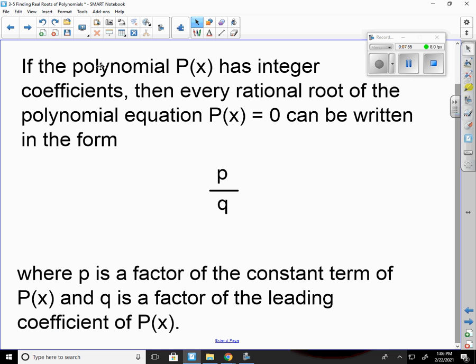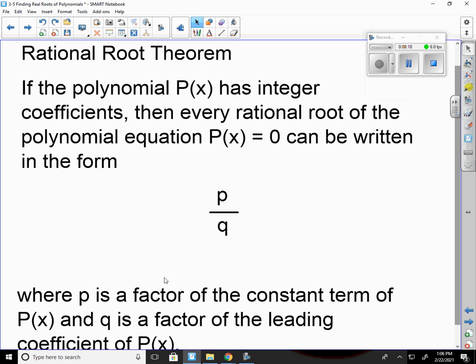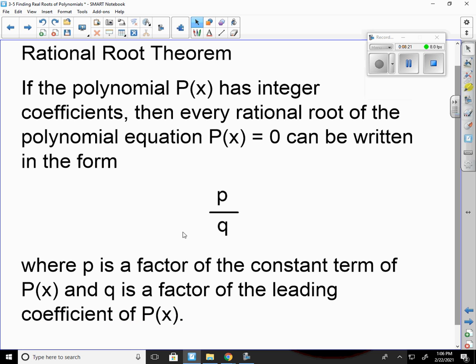And that's where p is a factor of the constant term of p of x, and q is a factor of the leading coefficient of p of x. So p, you're going to have to remember, is a factor of the constant term, and q is a factor of the leading coefficient.